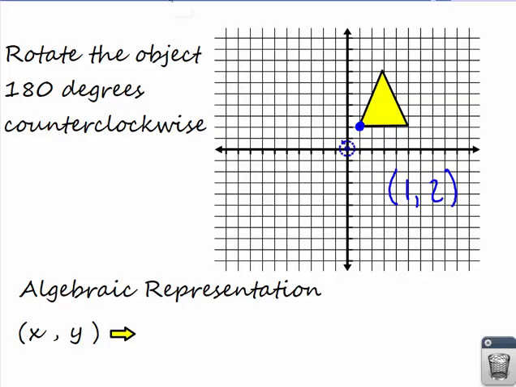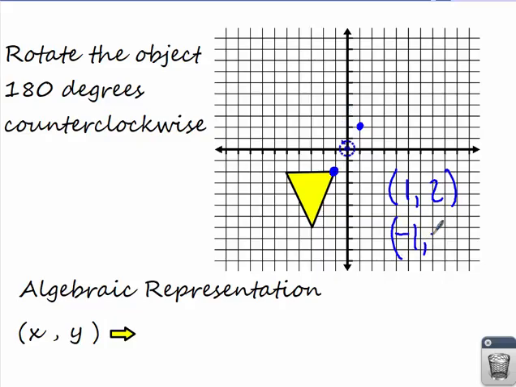So now let's rotate 180 degrees. There's 90 degrees, and there is 180 degrees. So what is our new point? Our original point started here, and our new point is down here. So what is that point?